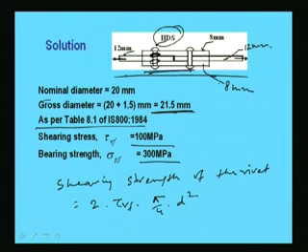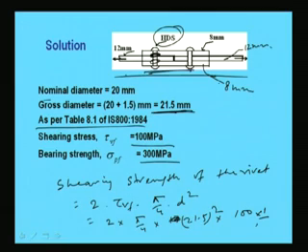So, this will become 2 into pi by 4 into 21.5 square into tau Vf, which is 100, right. So, if we calculate, we will get P is equal to 72.61 kilonewton. That means, we divide by 10 cube to make it kilonewton from Newton.